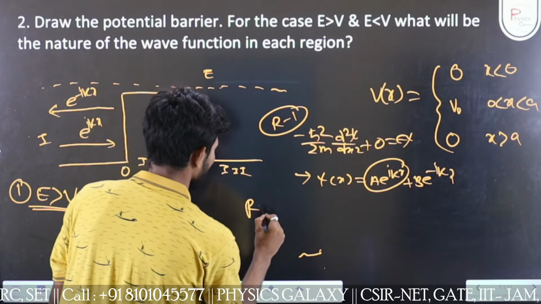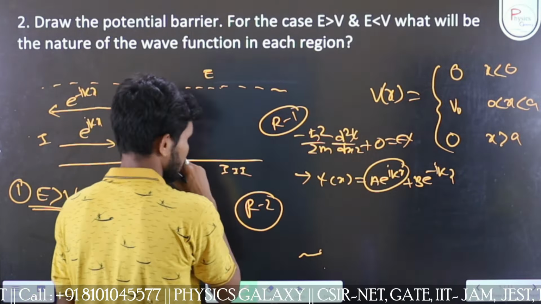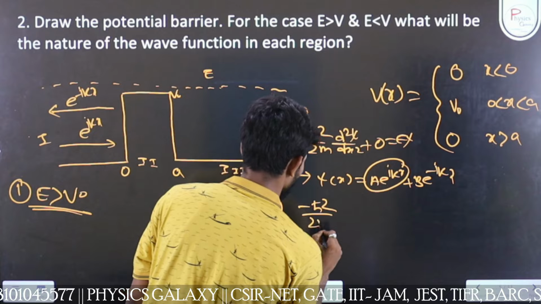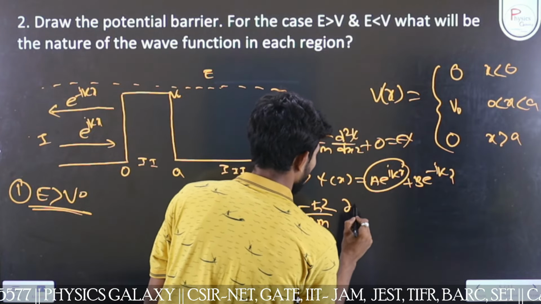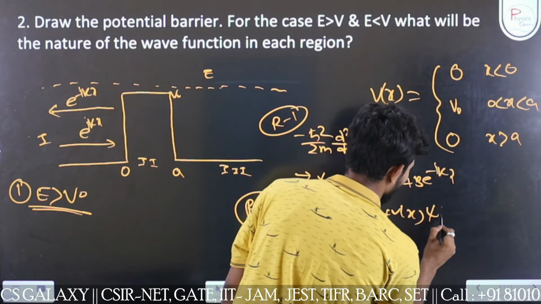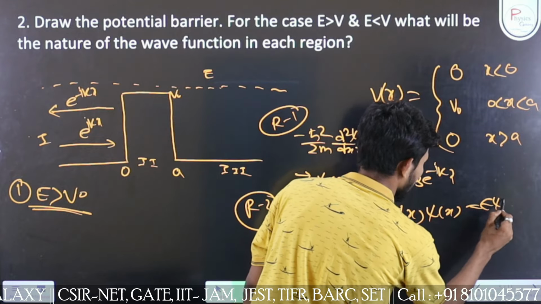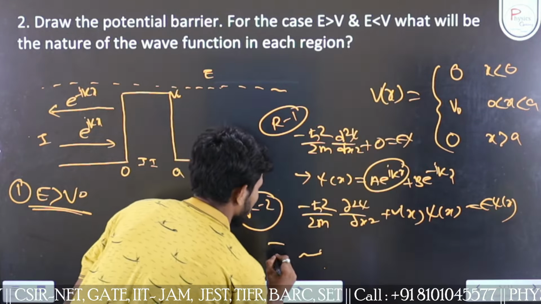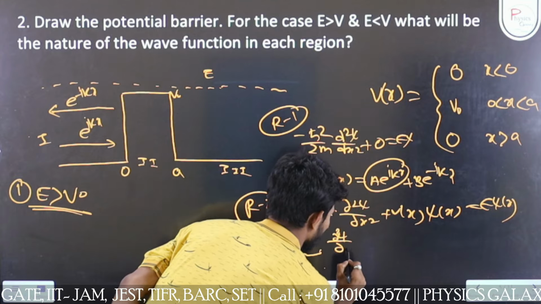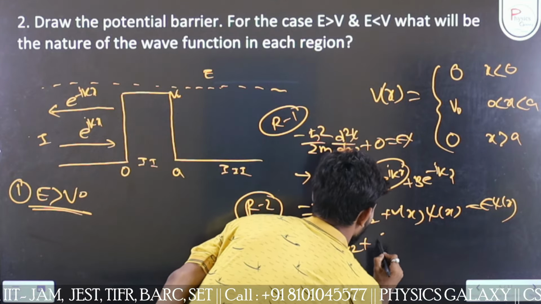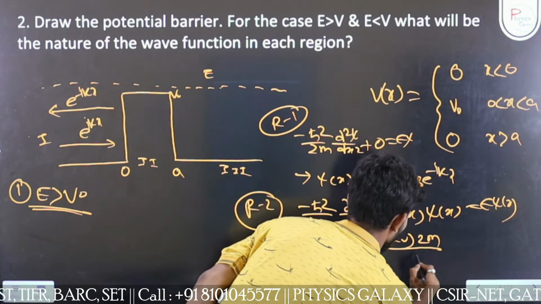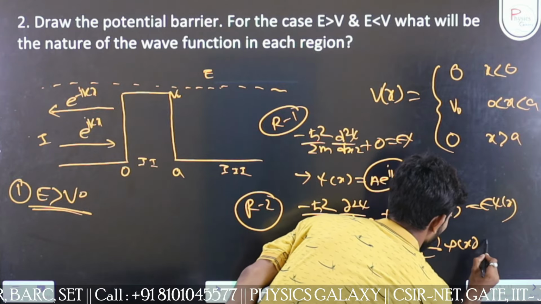And for region 2, the solution of the Schrodinger equation will be del 2 psi del x2 plus V of x psi of x is equal to E psi of x, so del 2 psi del x2 plus 2m (E minus V) divided by h square psi of x is equal to 0.